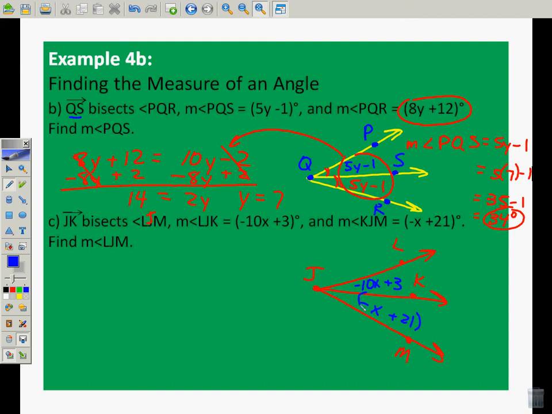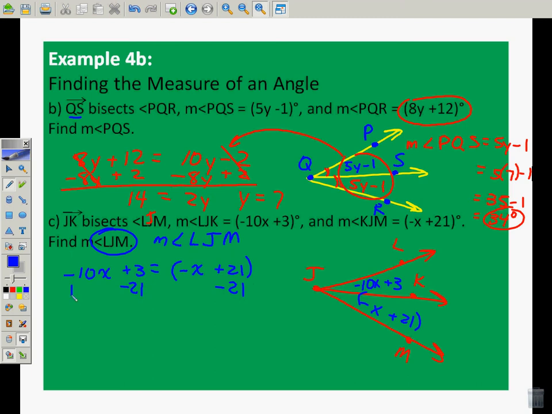So if I'm going to find LJM, that's the measure of angle LJM, that's the whole thing. I'm going to solve for x and then put them together. So let's see. Minus 10x plus 3 is equal to minus x plus 21. Well, what am I going to do here? I am going to go ahead and subtract 21 from both sides. It's not going to end up happy this time.